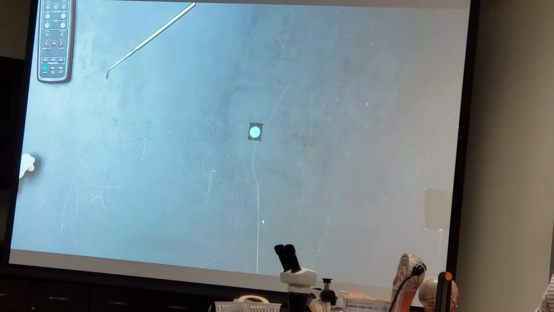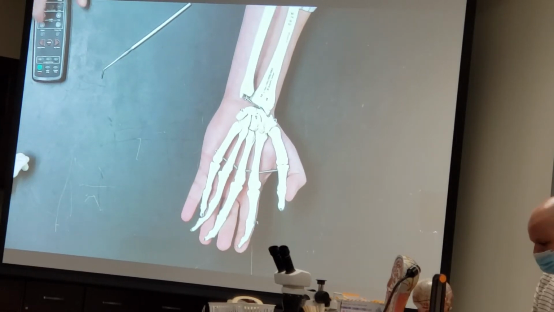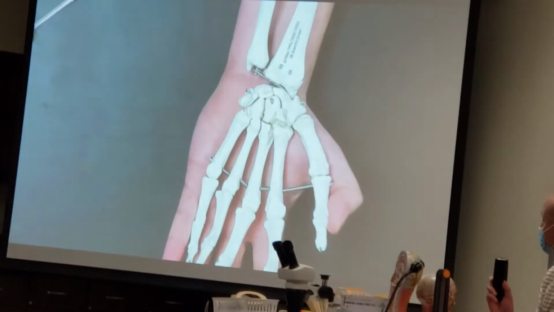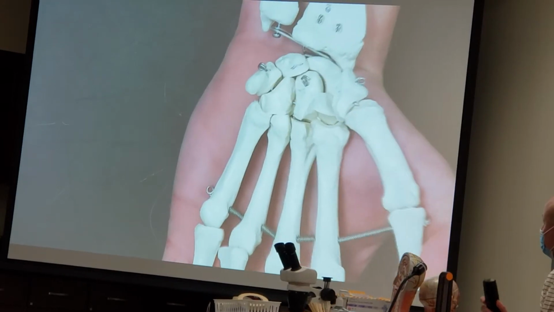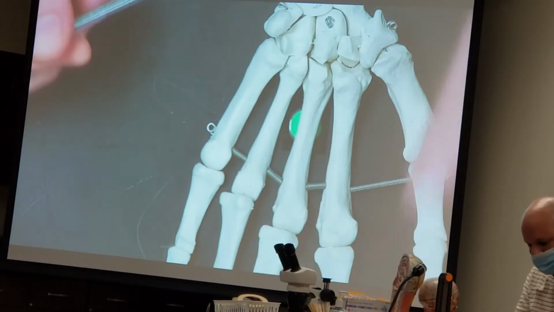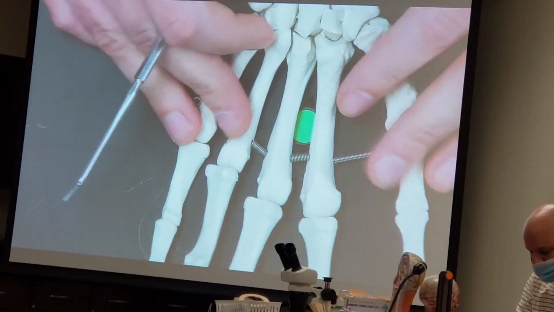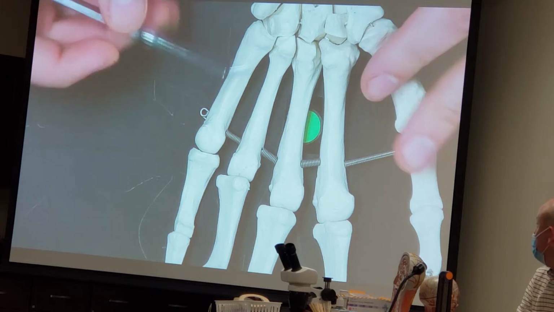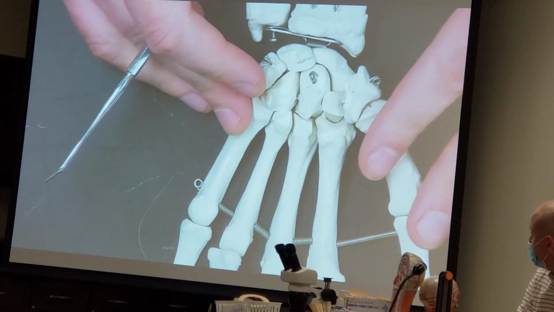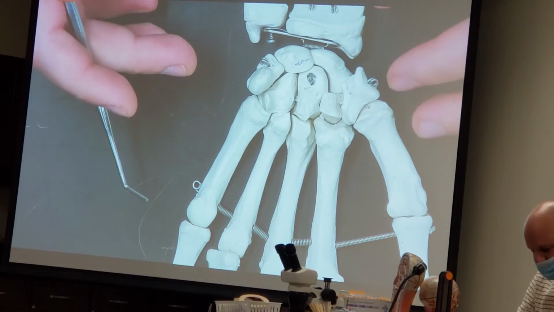Okay, the hand. So, for the carpals, which are the wrist bones, there's that mnemonic that we went over, which is "Say loudly to Pan, time to come home."